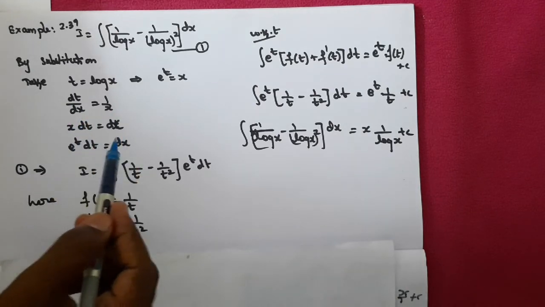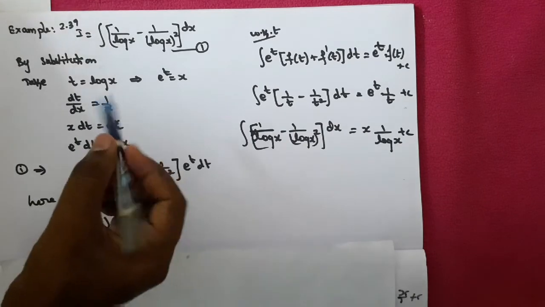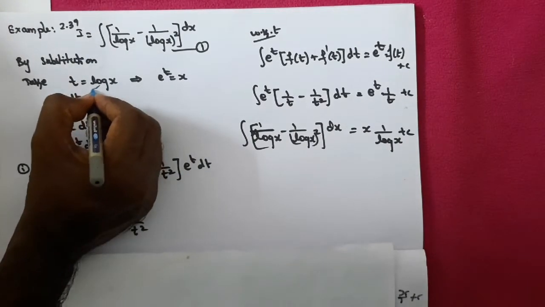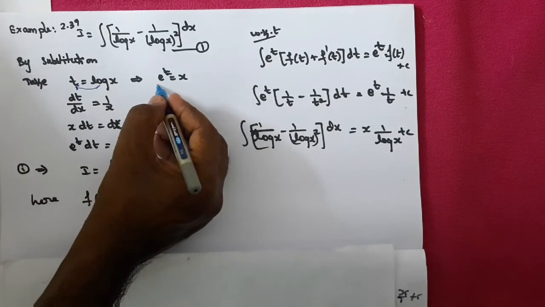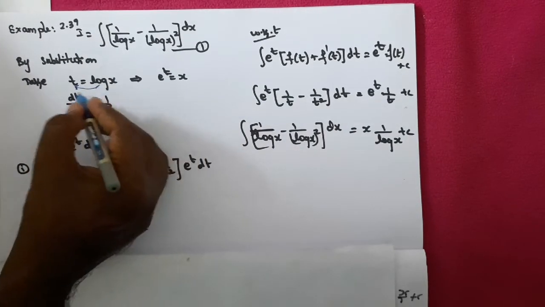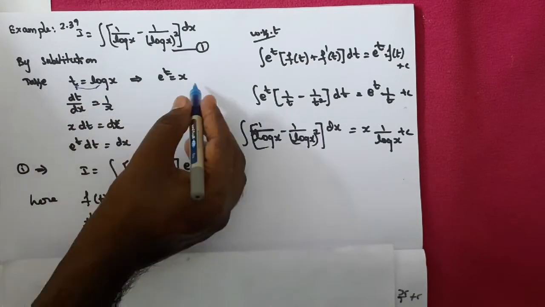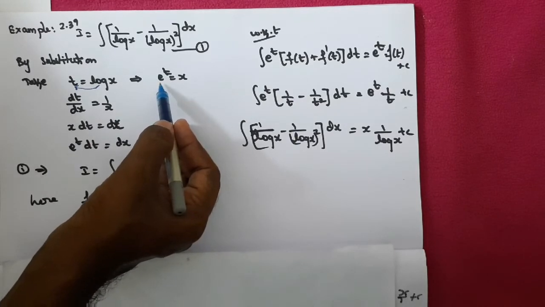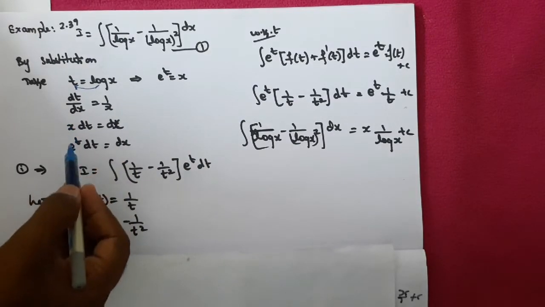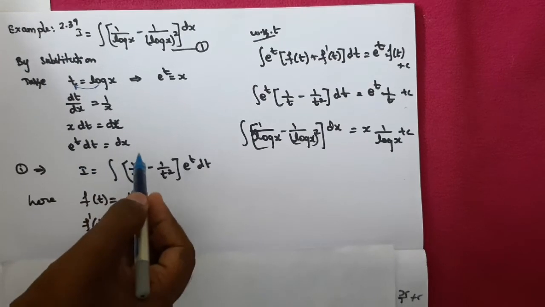Now t equal to log x means the log goes to the other side as e, so e power t equal to x. So in this x place, I am going to get e power t. So e power t into dt is equal to dx.